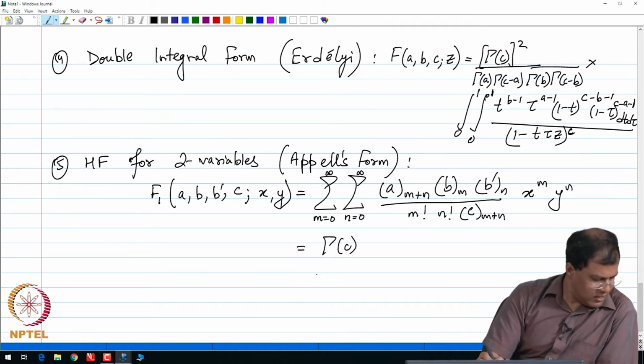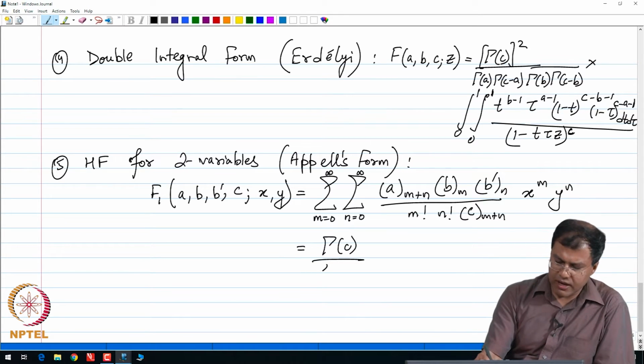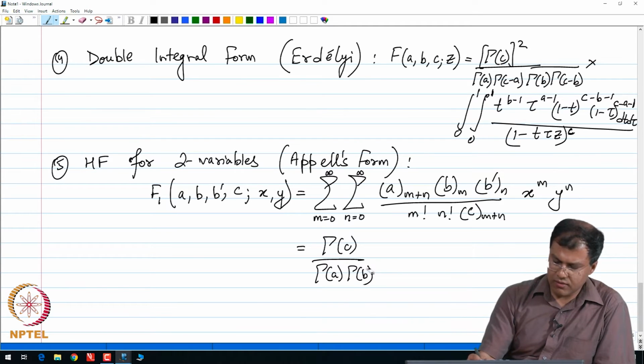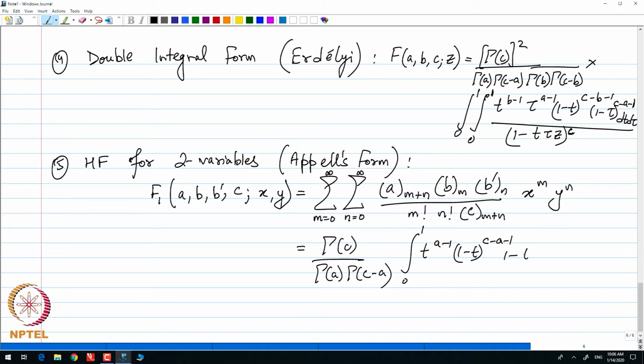And this is also equal to, gamma of c can be written in the integral form. So, the integral form is gamma of c by gamma of a times gamma of c minus a, right, times the integral 0 to 1 t to the power a minus 1, 1 minus t to the power c minus a minus 1 times 1 minus t x to the power minus b times 1 minus t y to the power minus b prime dt.